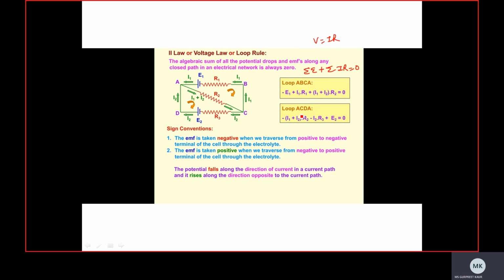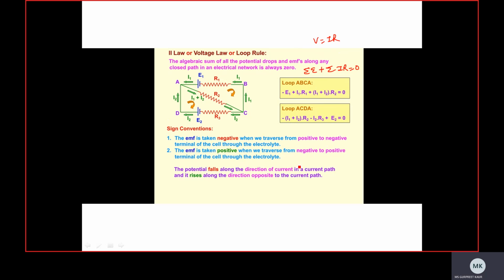Now you can take another loop, ACDA. See this loop ACDA. You are moving in a clockwise manner. So now see here. Your direction of motion in the loop, A to C, C to D, D to A, is the same as the direction of current I1 plus I2 through resistance R2.